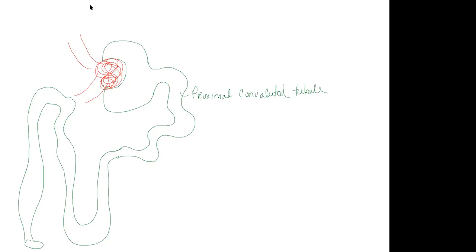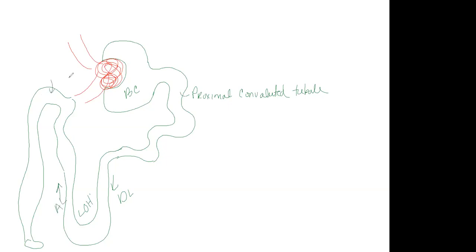Let's see how you're doing so far. We said this was the Bowman's capsule. This is the proximal tubule. So what would this be here? Descending. That's the descending limb. And this is, remember, the loop of Henle, which makes this the what? Ascending. The ascending limb.